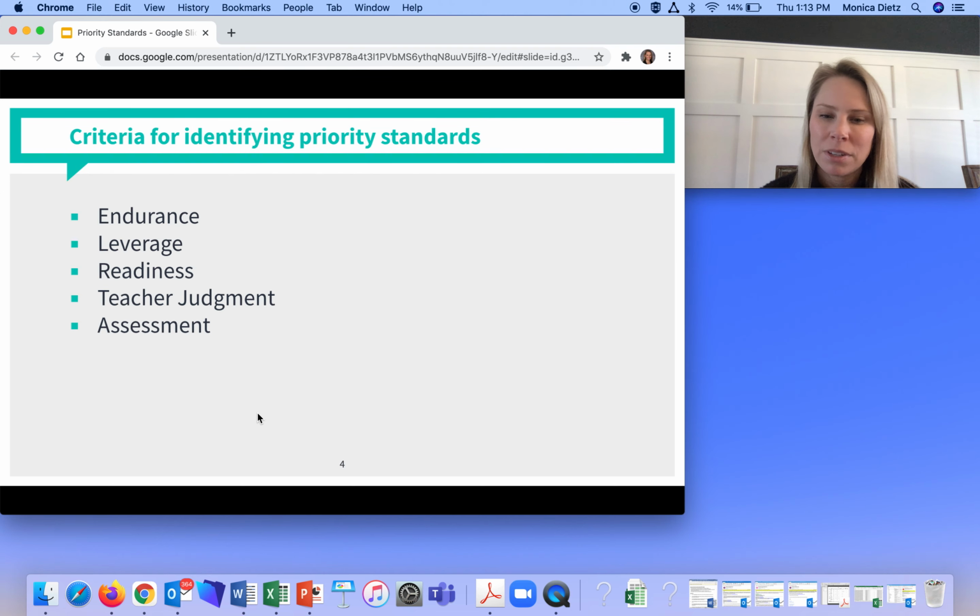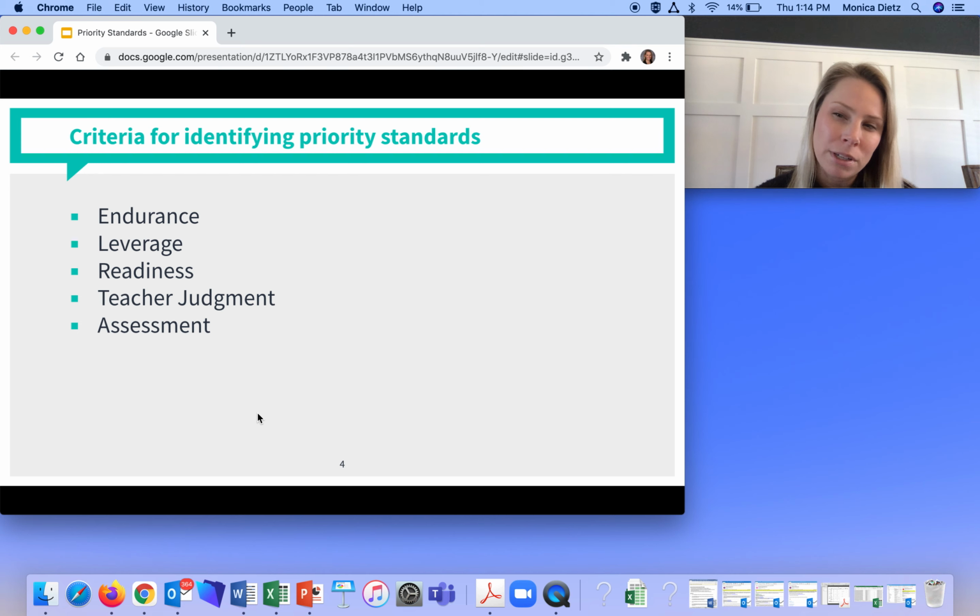So you have to think about how do you know something's a priority standard? And one way we do that is it takes a team of teachers to decide. As the Diocese of Cleveland, we actually prioritized our standards for K to 2 last year, and many of our teachers are using those priority standards this year in relation to standards-based grading.